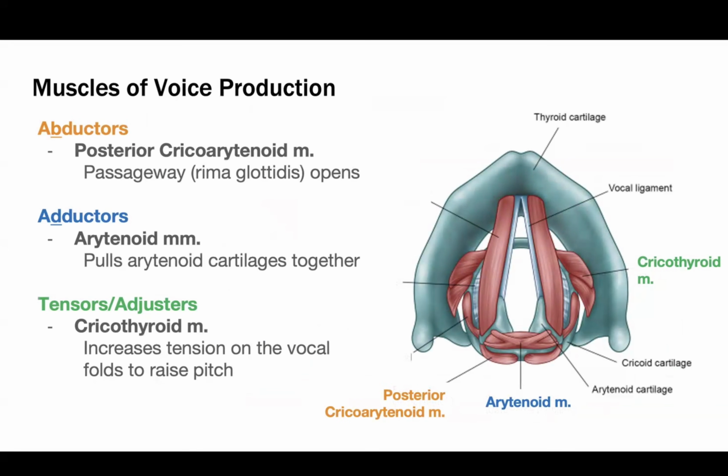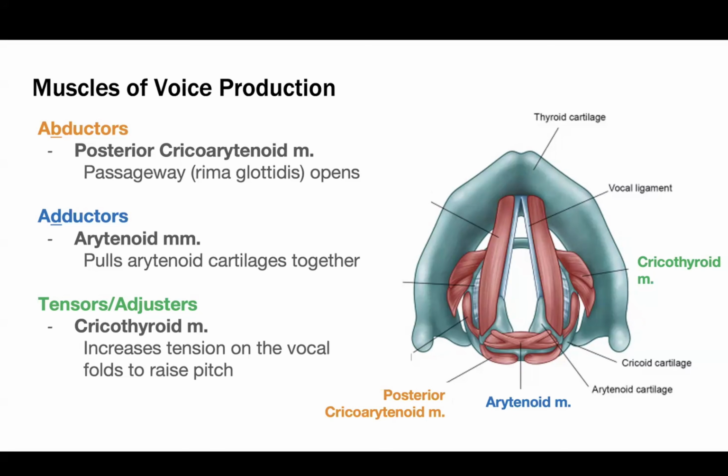Now, there's 3 functional categories of intrinsic laryngeal muscles. First up, we've got the abductors. Your abductors are going to open up the rima glottis. Think AB, abduction, taking it away. They're abducting each of the vocal ligaments.